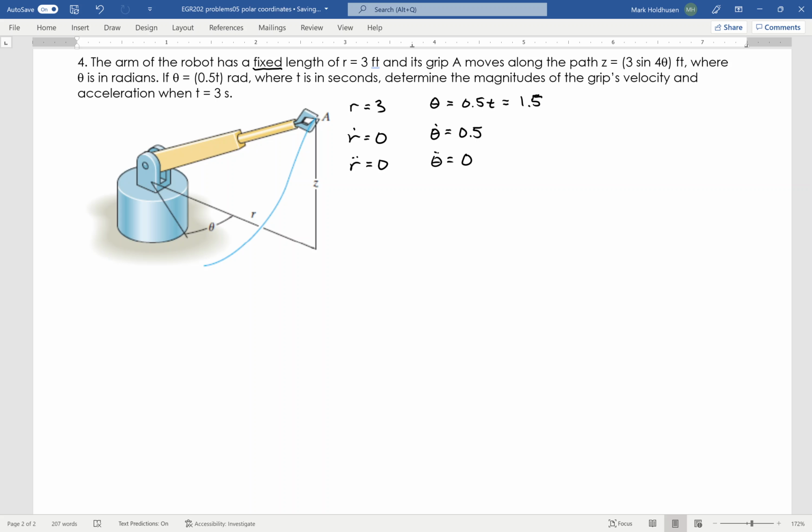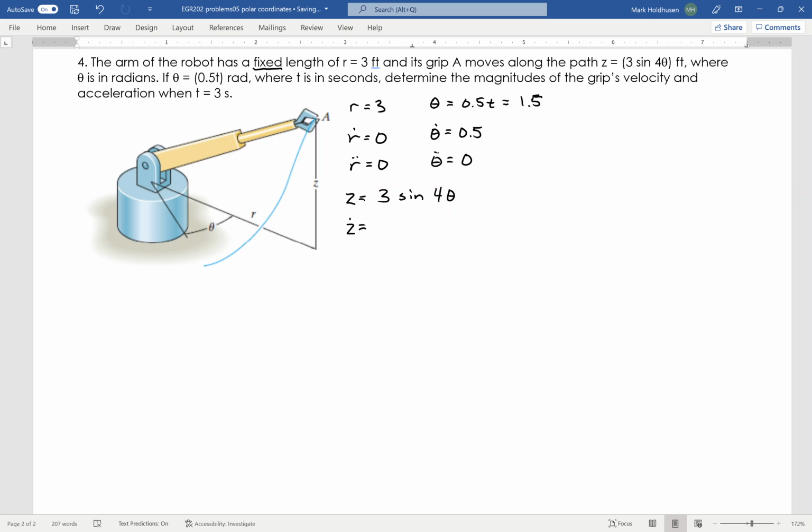Now we'll go ahead and do z, and we'll find that z is 3 sine of 4 theta, okay? Going to z dot. Now, here's the thing. I'm differentiating with respect to time. This equation does not have time in it. 3 is constant, so that's going to be left alone.